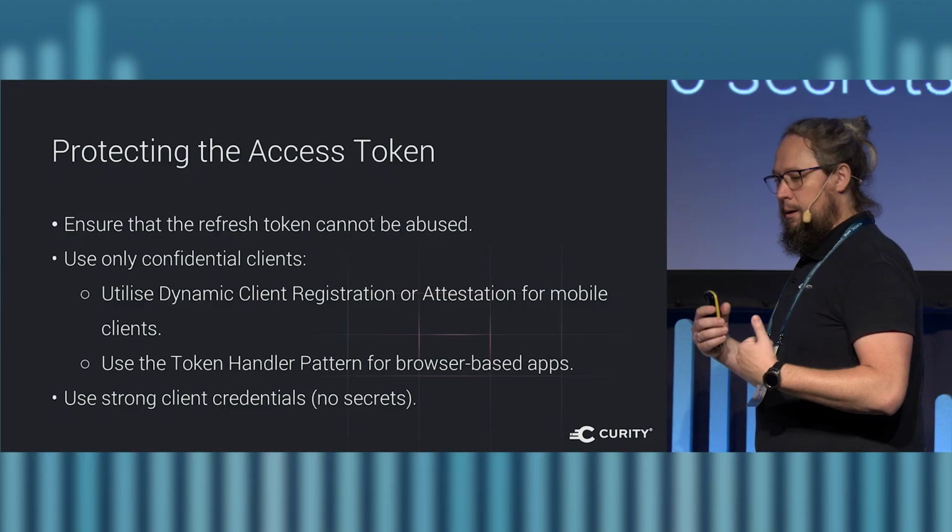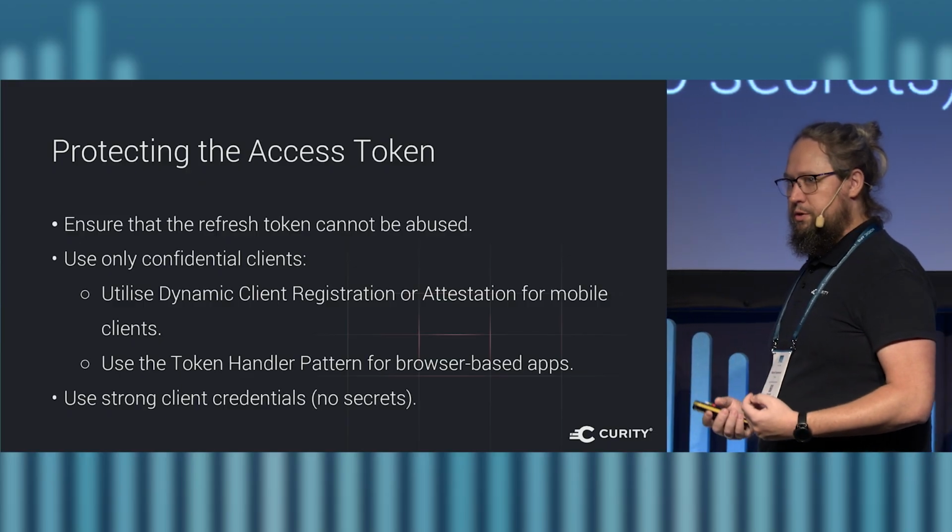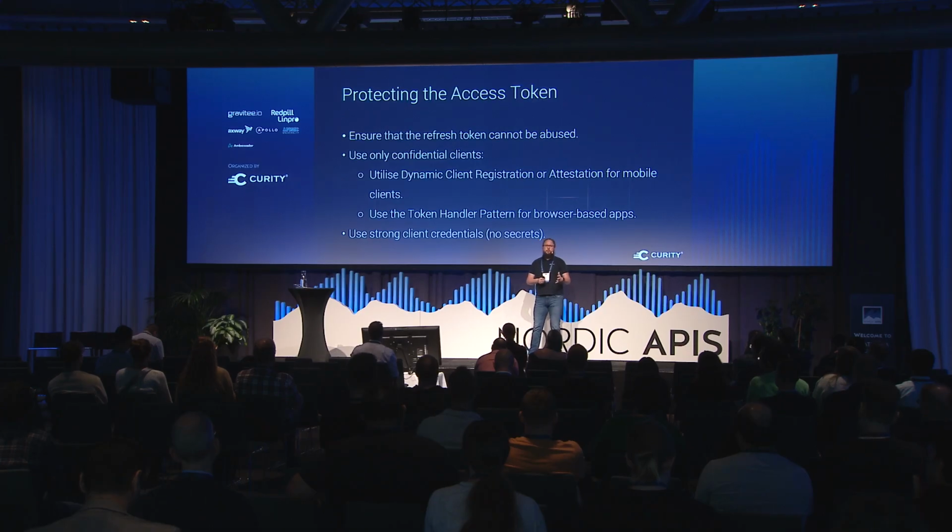Part of the solution to protect the access token is ensuring the protection of the refresh token. If an attacker is able to steal your refresh token, they will be able to get new access tokens and call your APIs. To solve that, always use confidential clients. Never use public clients. These are the clients that need to authenticate at the authorization server.